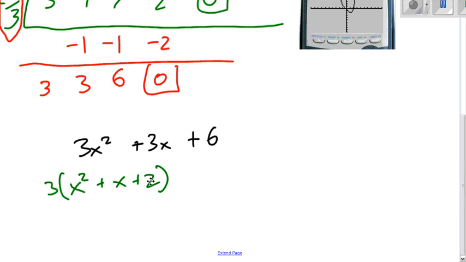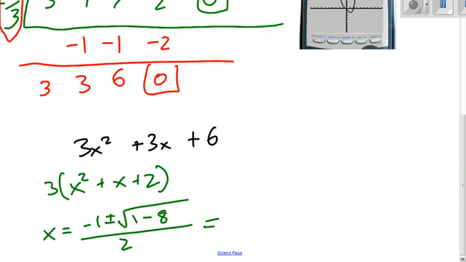There's nothing that would multiply to be a positive 2 and add to be positive 1, so we'll do the quadratic formula. So negative b plus or minus the square root of b squared, so 1, minus 4 times 1 times 2, is 8, over 2a, which is 2.